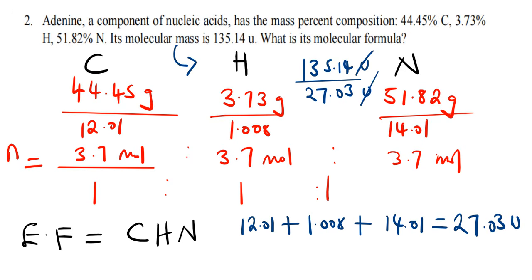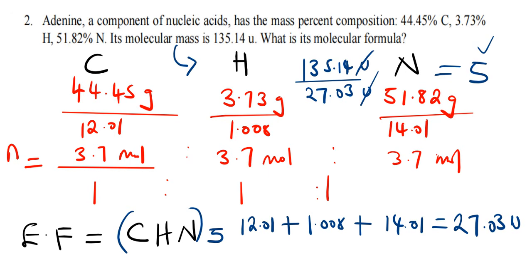So 135.14 divided by 27.03, I'm just getting a 5. So if the actual compound is 5 times the smaller one, what this means is that to find the actual formula of this compound, we're going to multiply the empirical formula by 5.